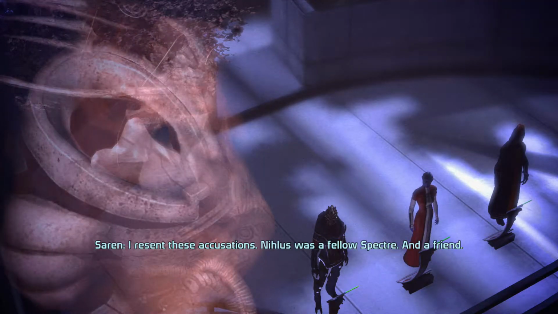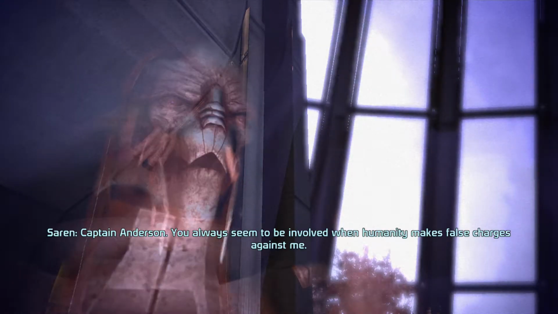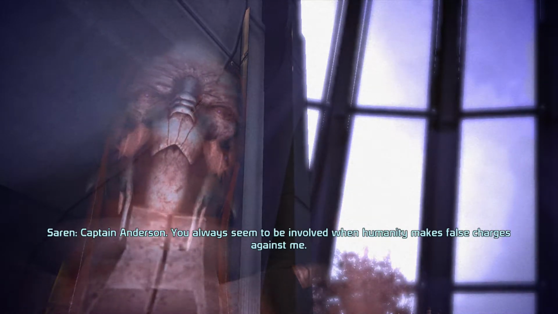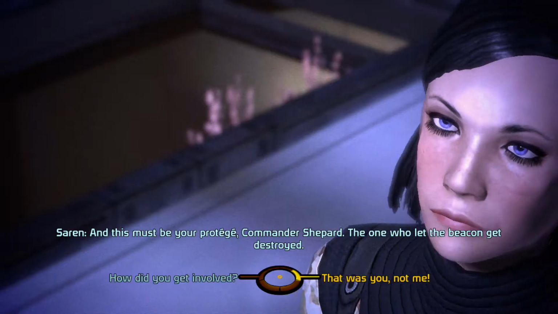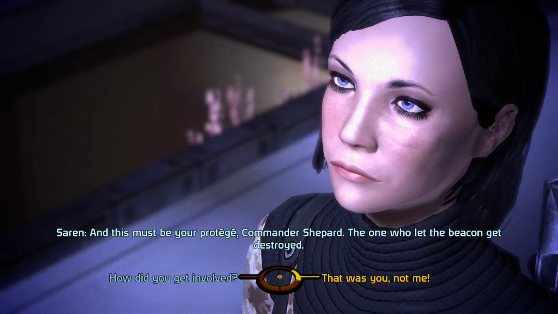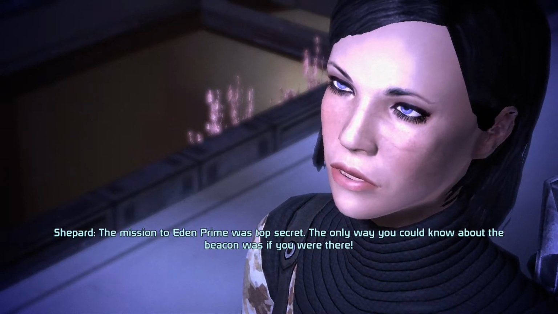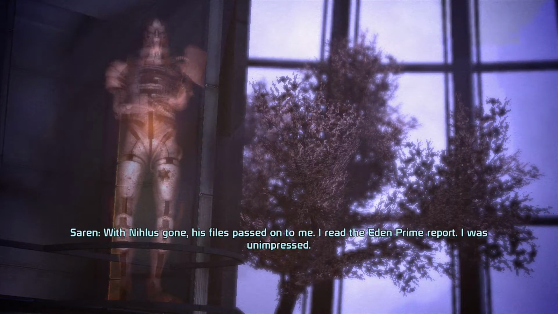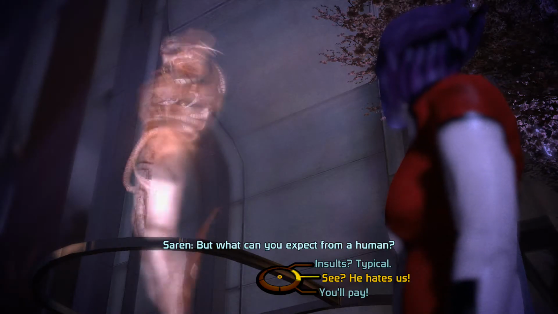Nihilus was a fellow Spectre and a friend. That just let you catch him off guard. Captain Anderson, you always seem to be involved when humanity makes false charges against me. And this must be your protege, Commander Shepard, the one who let the beacon get destroyed. The mission to Eden Prime was top secret. The only way you could know about the beacon was if you were there. With Nihilus gone, his files passed on to me. I read the Eden Prime report. I was unimpressed. But what can you expect from a human?